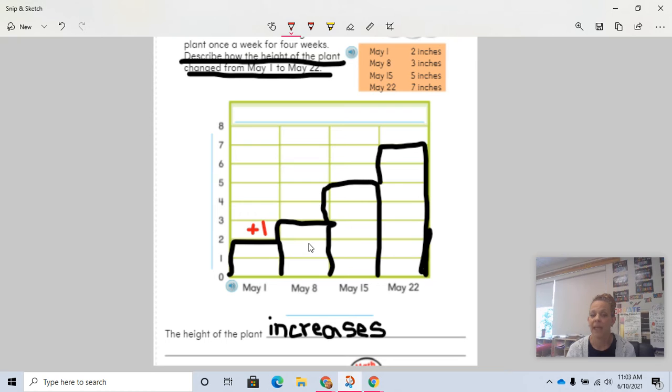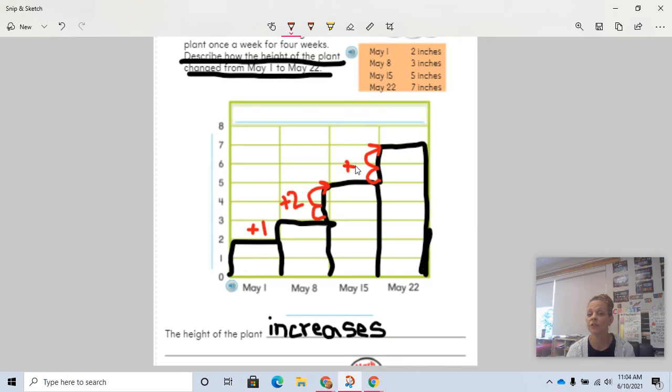What happened from May 8th to May 15th? It went from 3 inches to 5 inches. So that was 2 inches. It went up by 2 inches. Then from May 15th to May 22nd, our plant grew another 2 inches.